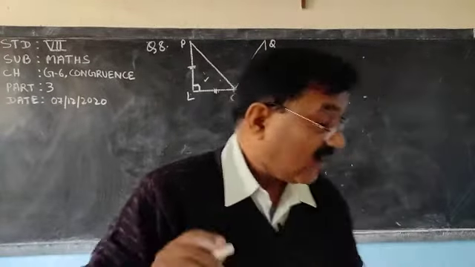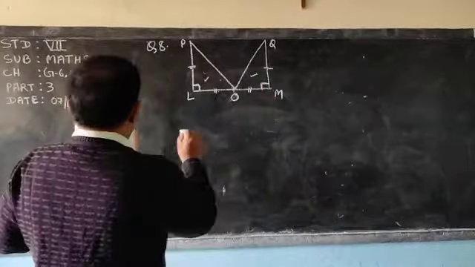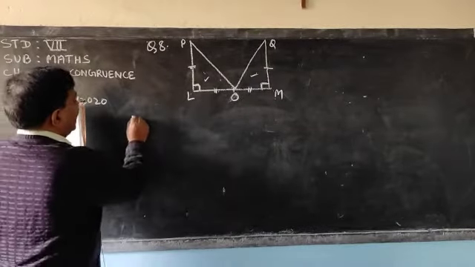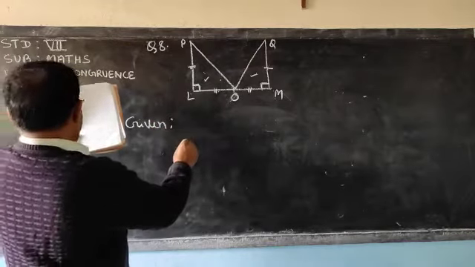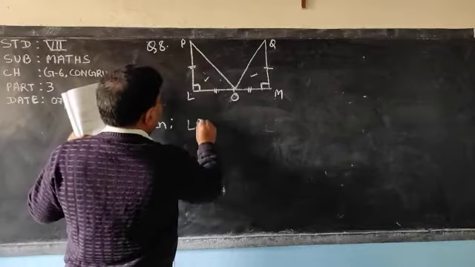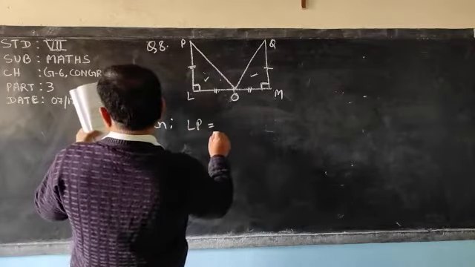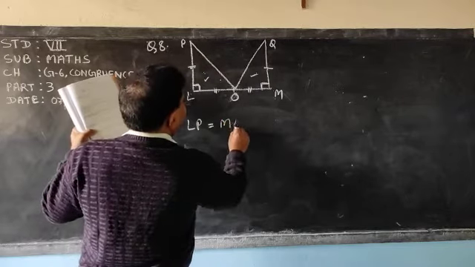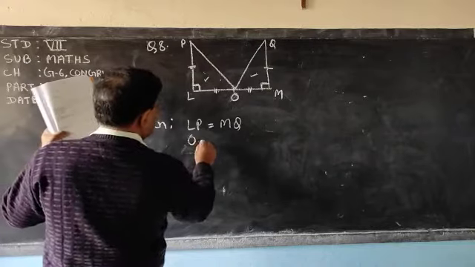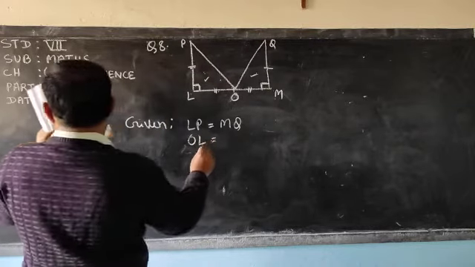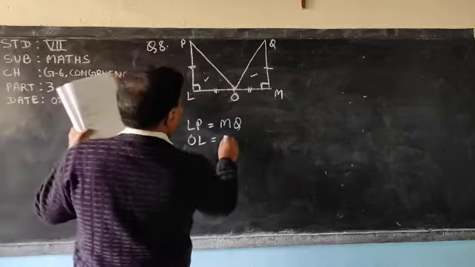First, given. So what is given we have to write. Given LP is equal to MQ. Next, OL is equal to OM.